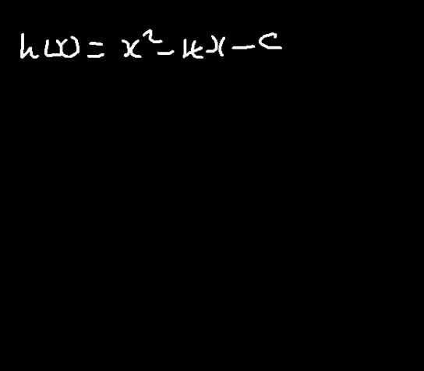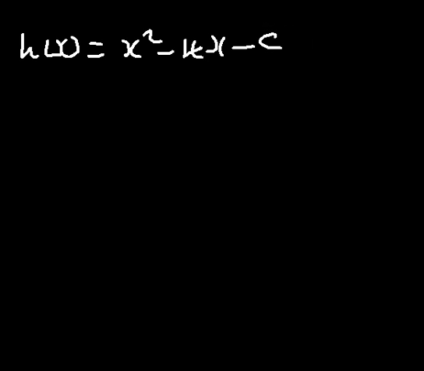What if we have h of x given as x squared minus 4x minus c? Let's now find the non-zero value of c.